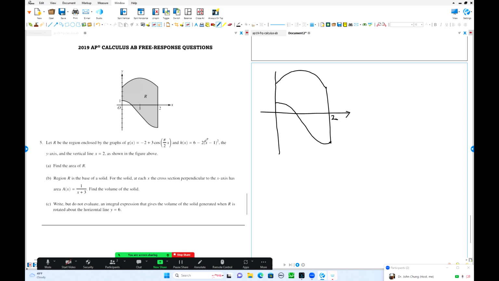You can easily find it because of the initial value. Put 0 there. H of 0 is how much? 6 minus 2 times (0 minus 1) squared. It's 4, isn't it? Top is what? H of x. The bottom is g of x. This is the top graph, this is the bottom graph.